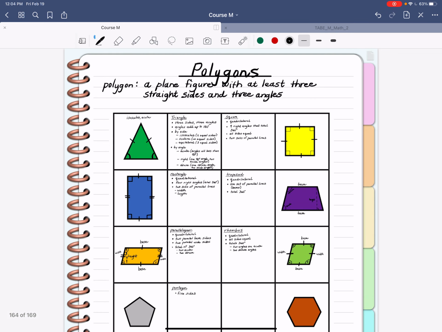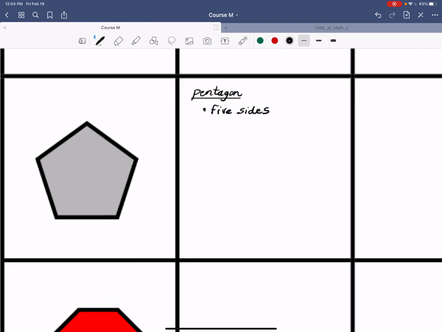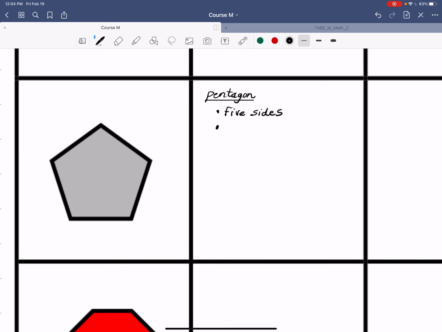A triangle has 3 sides and 3 angles. A quadrilateral has 4 sides and 4 angles. So if a pentagon has 5 sides, how many angles does it have? Well, it has 5. So anything that is 5 sides and 5 angles is a pentagon.